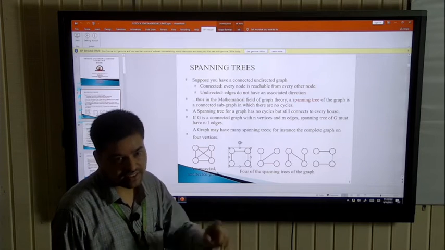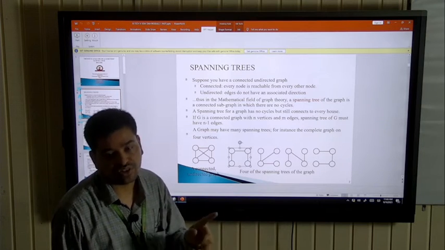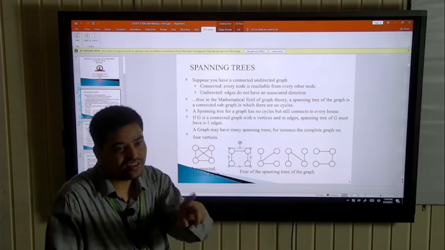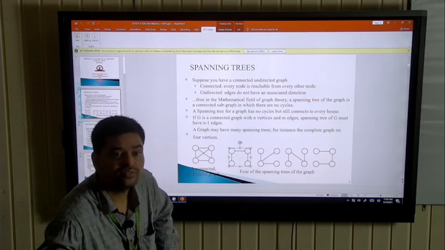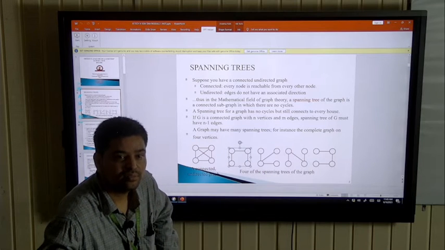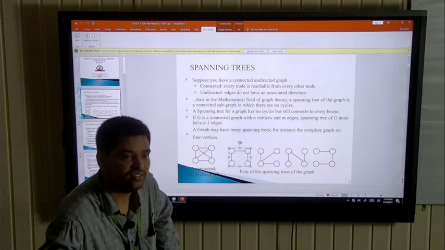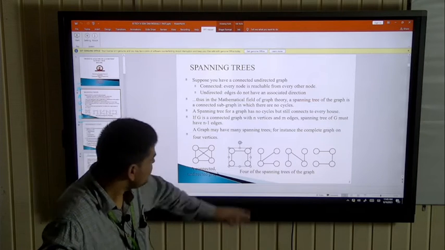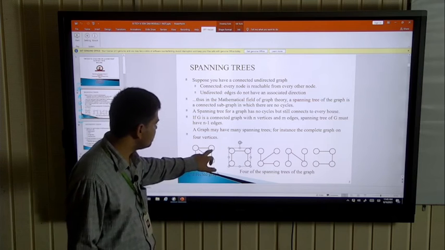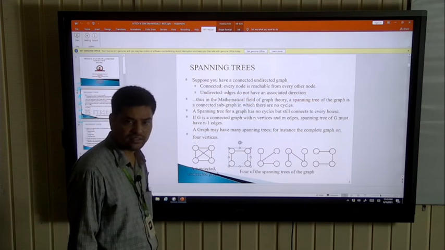Is it clear? If there is any cycle present in a graph, it is called a graph, not a tree. But if you break the cycles of the graph, then the graph converts to a tree. How many cycles? A lot of cycles. This is also a cycle. This is also a cycle.